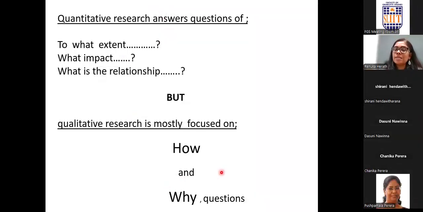What exactly this research is, and which type of research philosophy it stems from, will all be reflected throughout the research process.